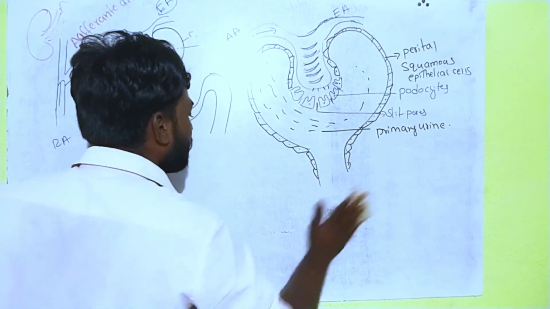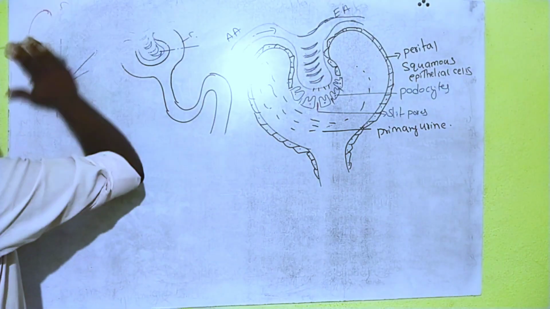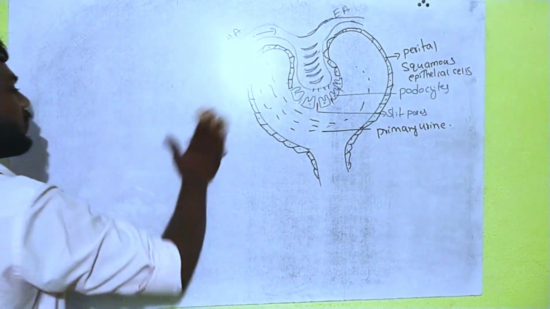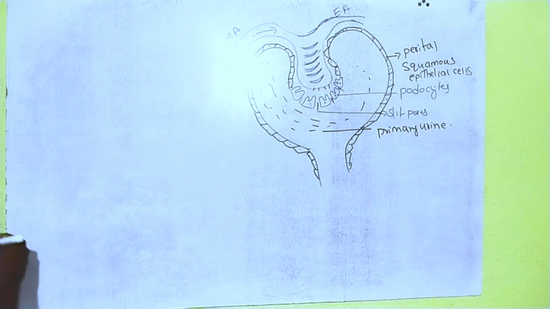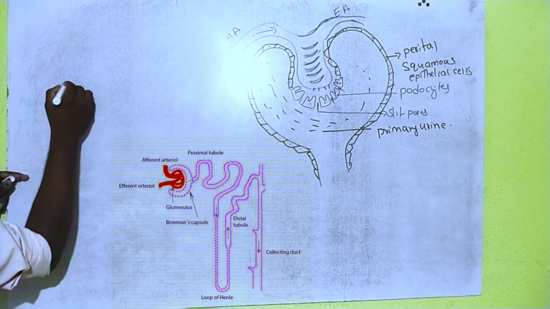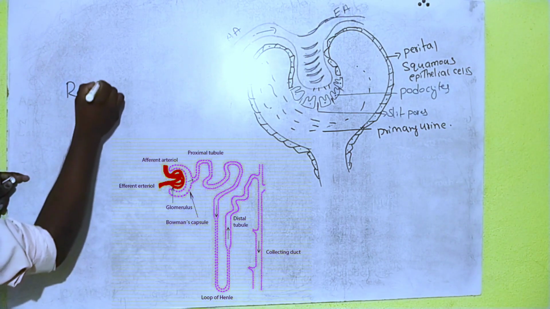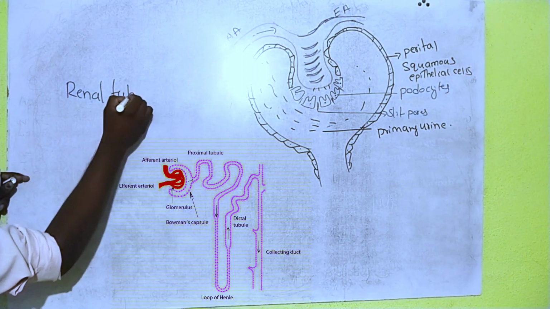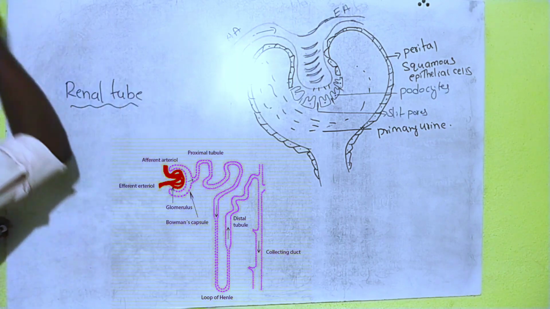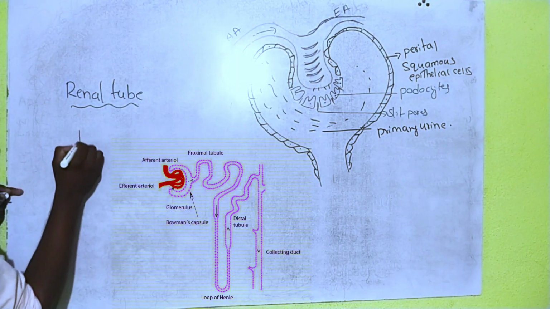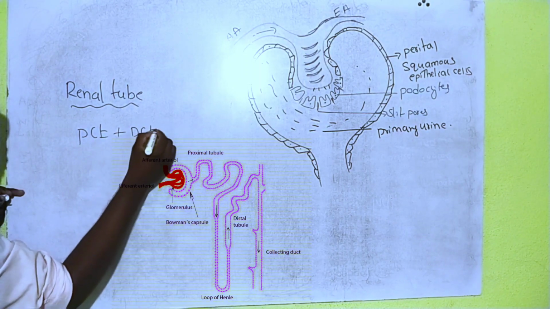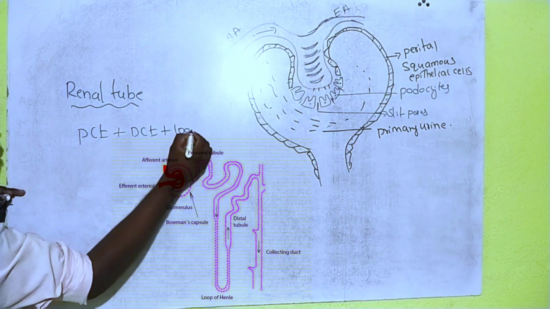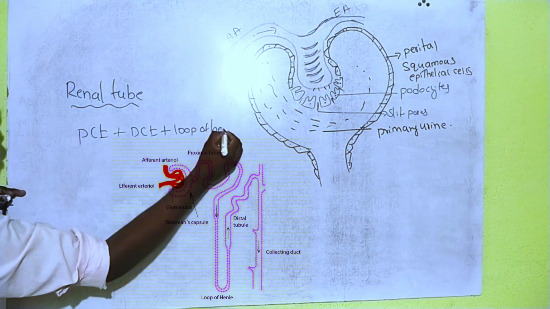Now we are going to discuss the renal tubule. Very easy. Let us draw it here. What is the renal tubule? Renal tubule means PCT plus DCT plus loop of Henle.